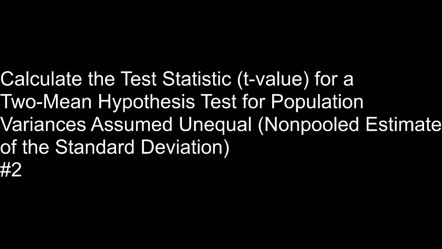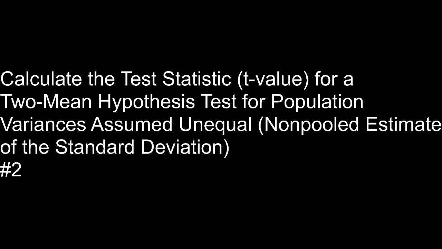This video is on the objective: calculate the test statistic, which in this case is going to be a t-value, a t-score, for a two mean hypothesis test for population variances assumed unequal.